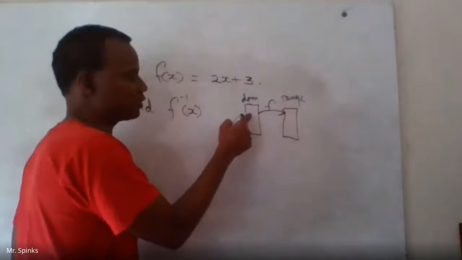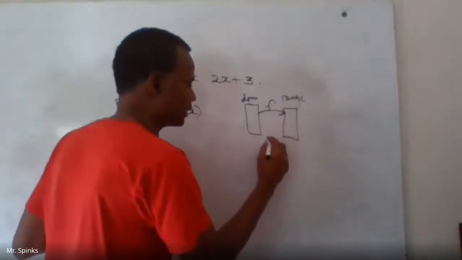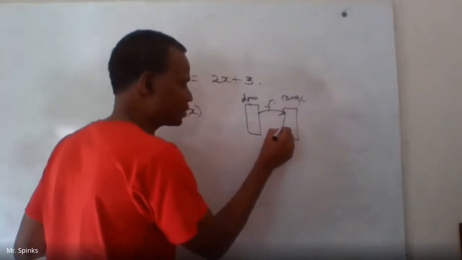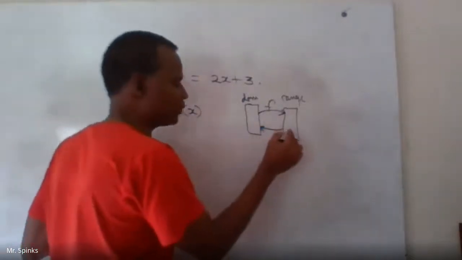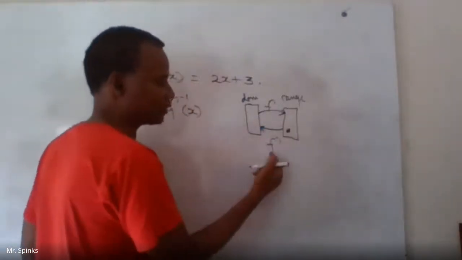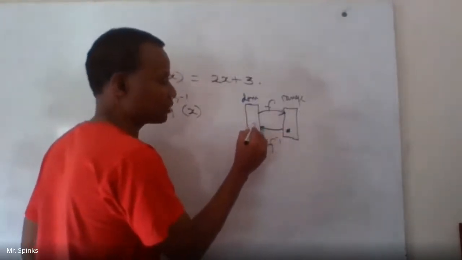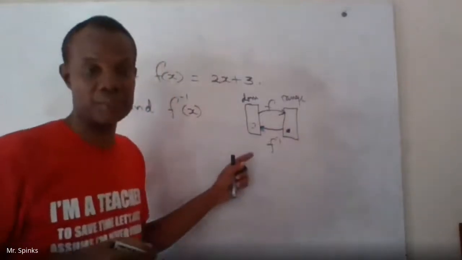F will take values from here and map them to this side. F inverse, on the other hand, will take values from here and map them onto this side here. So it will take this value here, and after going through a set of processes, you will get the value here that was actually mapped onto this. So this is what the inverse function really does.